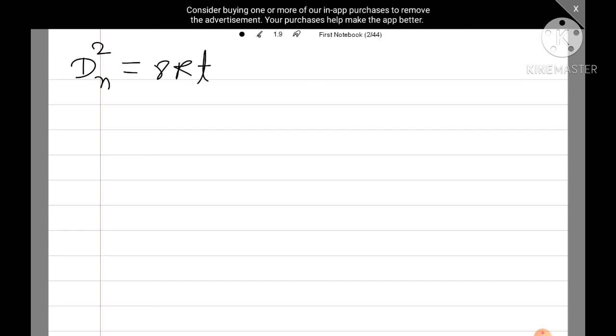Now because 8 and r are constant and only the thickness is variable, so here t is variable only. Now for bright and dark rings, to find the diameter we have to find the value of thickness. So what will be the value of thickness?